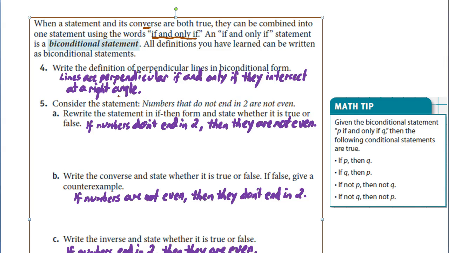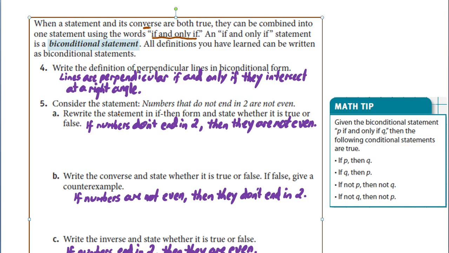The purpose of writing it in this form is so that we know that this definition operates in 2 directions. It operates moving to the right, but also reading it backwards. For example, if we thought of this as saying, if lines intersect at a right angle, then they are perpendicular, we would know that's also true.